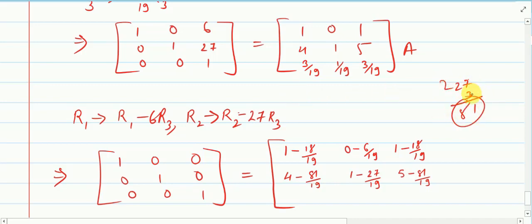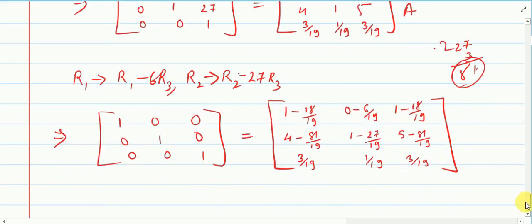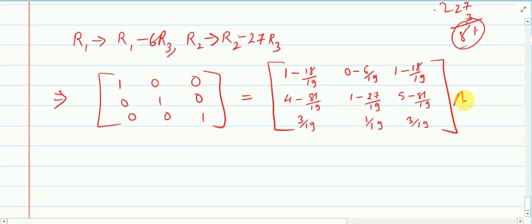So firstly you have to multiply these elements by 27, so 81 by 19, so 4 minus 81 by 19, 1 minus 27 by 19, 5 minus 81 by 19, and here 3 by 19, 1 by 19, 3 by 19 into A.